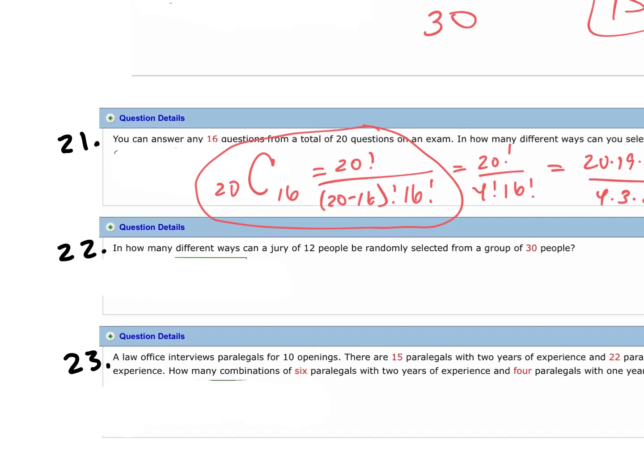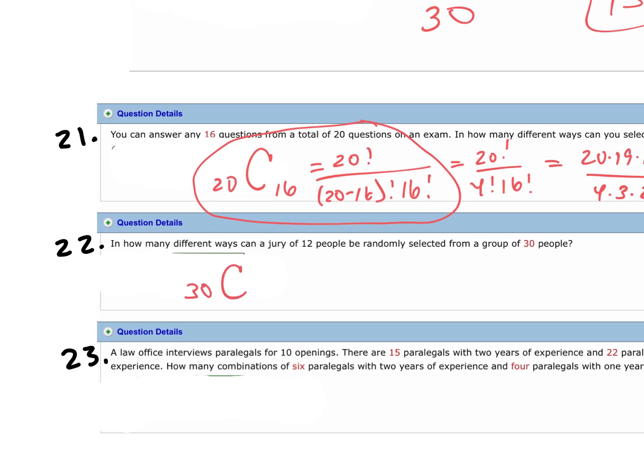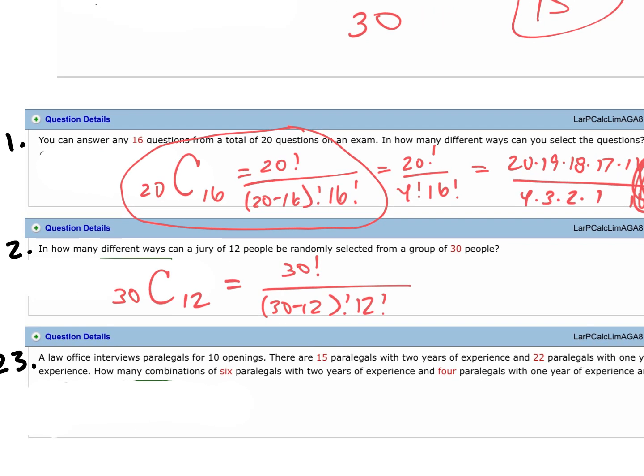So this would be 30 choose 12. So you'd have 30 factorial over 30 minus 12 factorial times 12 factorial. Do the 30 choose 12 in your calculator. What do you guys get?